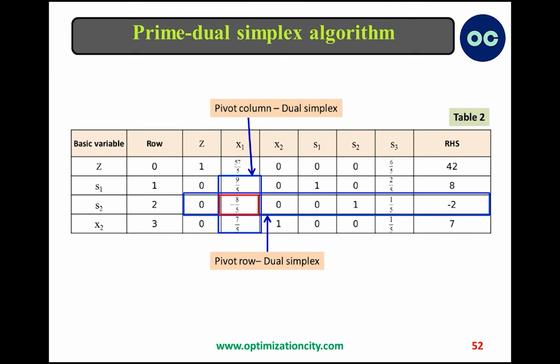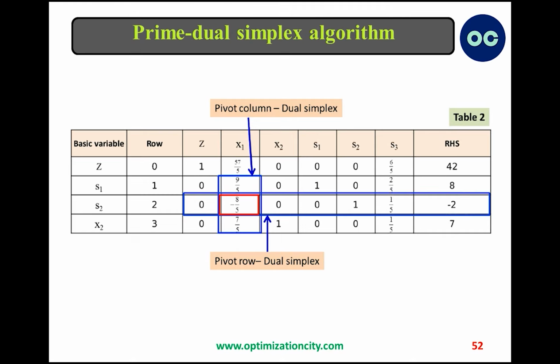Okay, in this table, we cannot calculate the prime simplex effect as there are no negative numbers in row 0. They're all positive. However, we can calculate the dual simplex effect because we have one negative value.